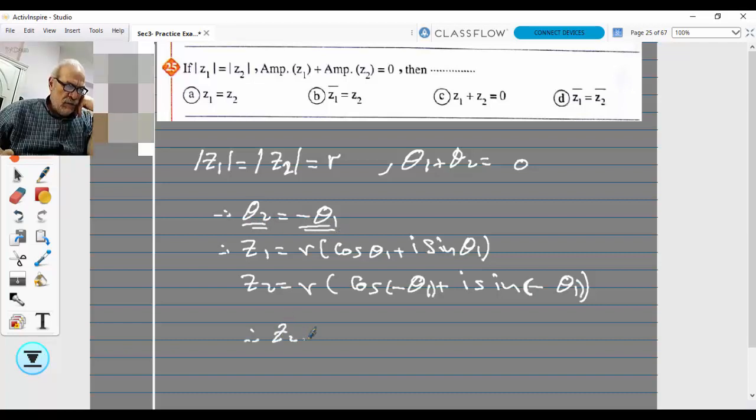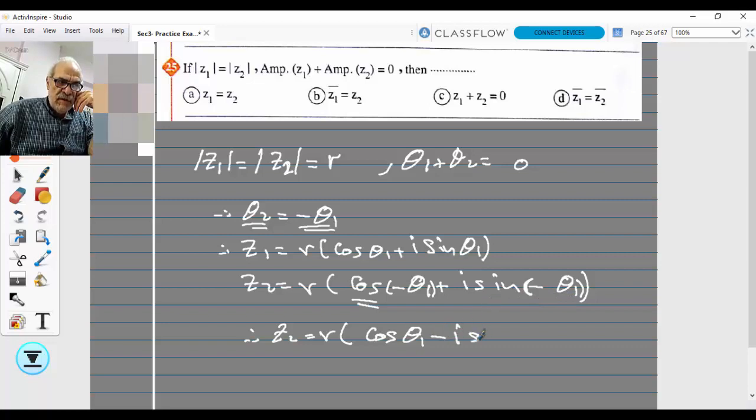So Z2 equals R times cosine negative theta 1, which is cosine theta 1, because cosine is an even function. Sine is an odd function, so sine negative theta is negative sine theta.